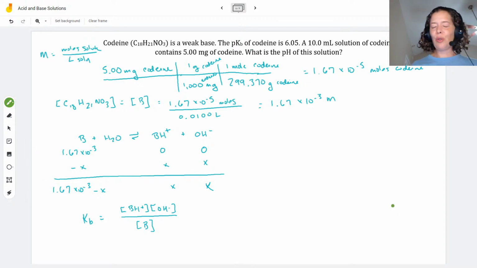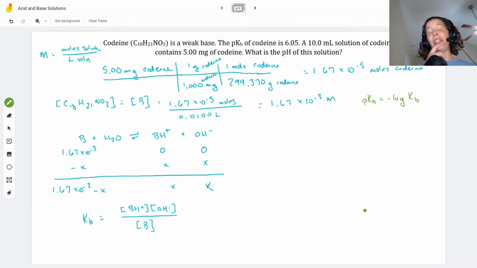So let's just do a little side calculation. pKb, that p is just like in pH. It just means you take the negative log. So my pKb is just my negative log of my Kb. So it's really easy to switch back and forth between Kb and pKb.